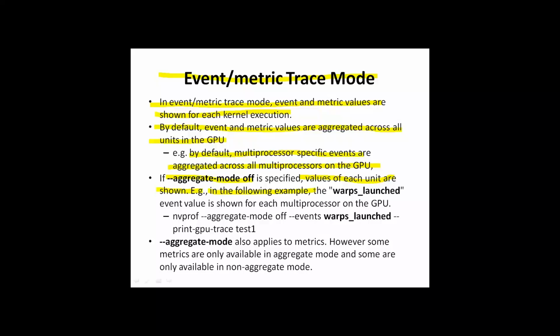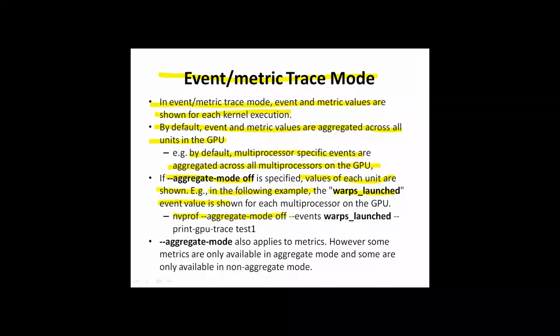For example, if we want to see the event warps_launched for all the multiprocessors, then we can use this command, nvprof. We have to turn off the aggregate mode, so that it will show values separately for different multiprocessors.